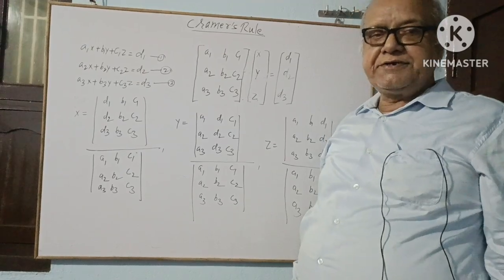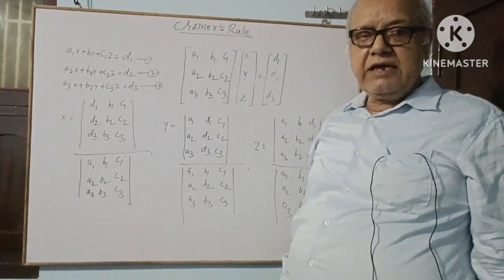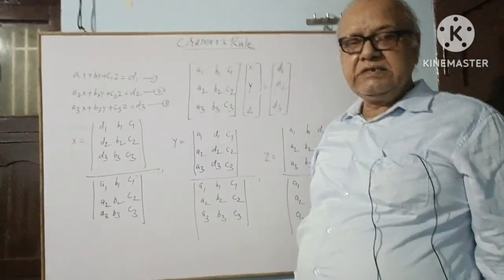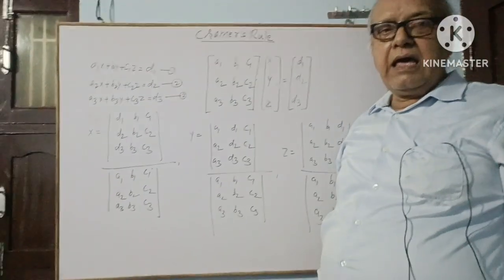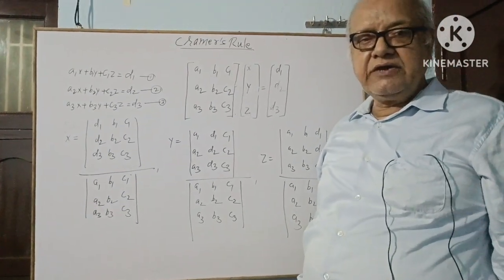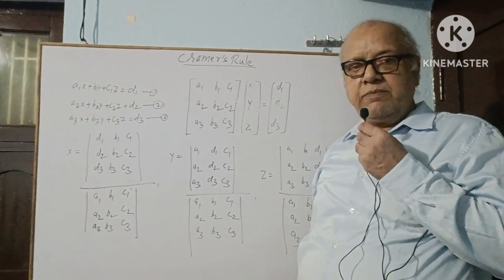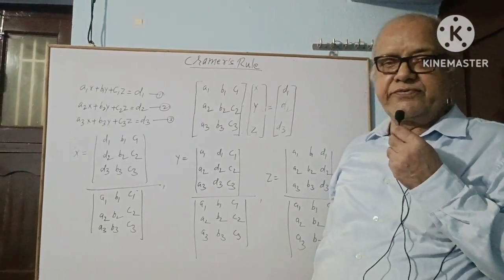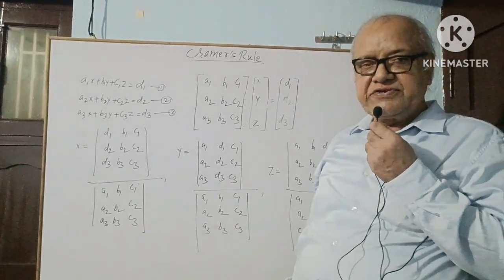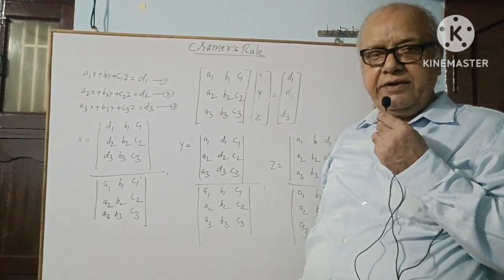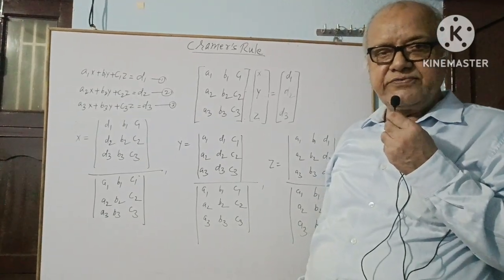So at present I will explain what Cramer's rule is, and in the next lecture I will explain the proof of Cramer's rule. So let us start to explain what Cramer's rule is.